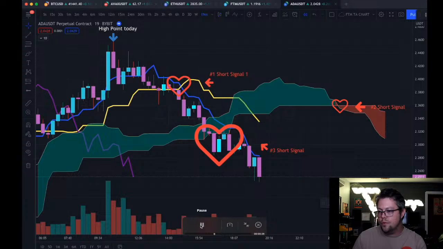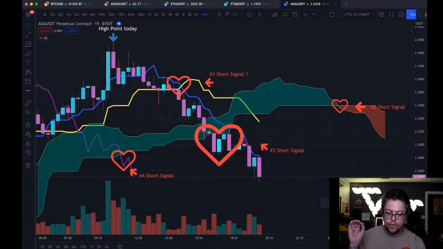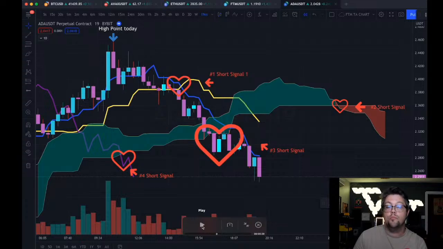So we get that, and that is all four signals looking good. That's great. According to the Ichimoku strategy, that's what you want. So let's see what happens from here. I'll stop it again whenever we meet the predefined rules to break the Ichimoku cloud strategy and basically reverse the other way.